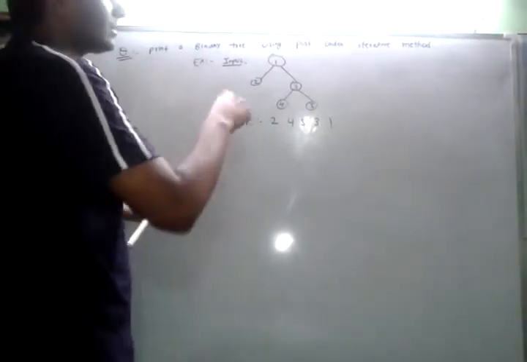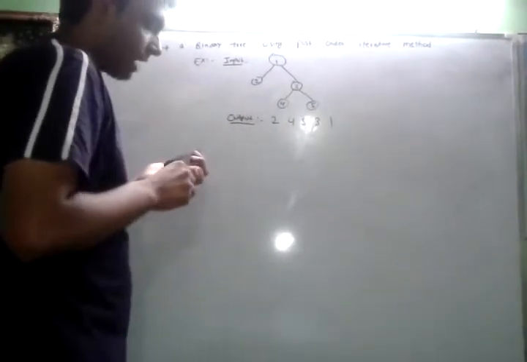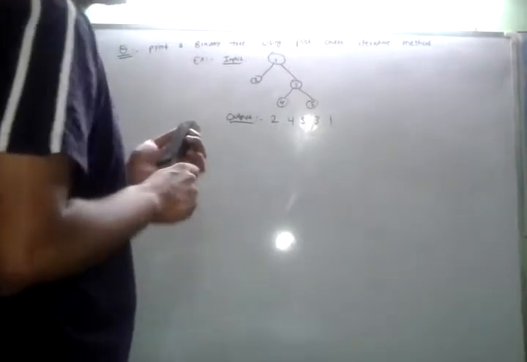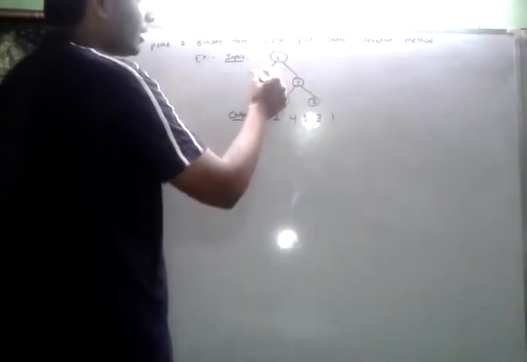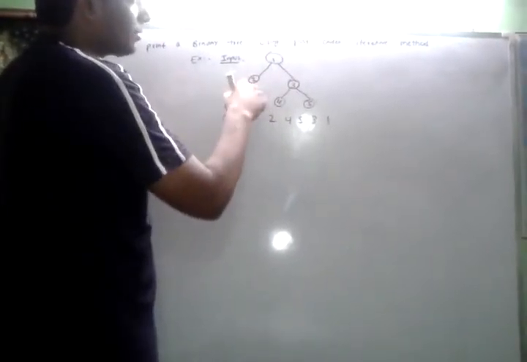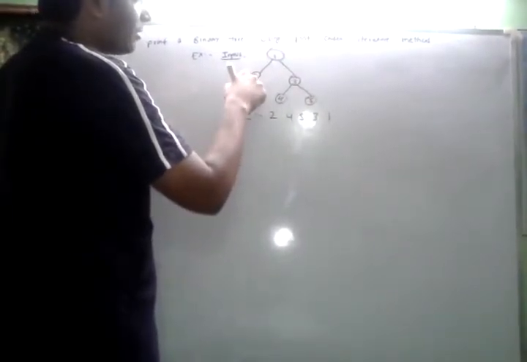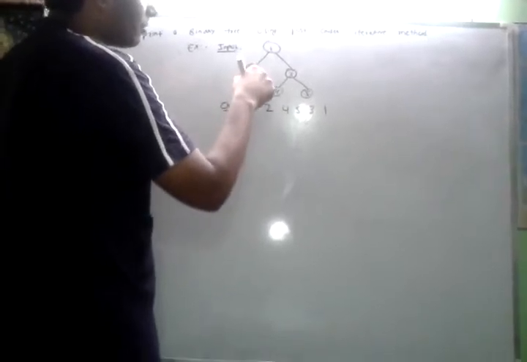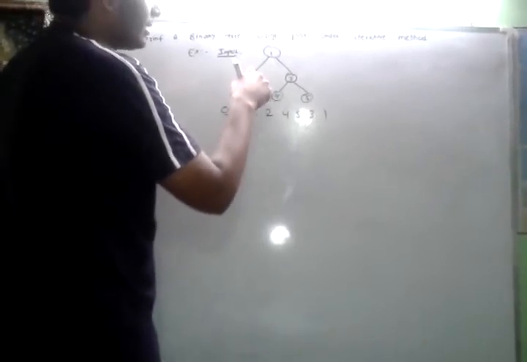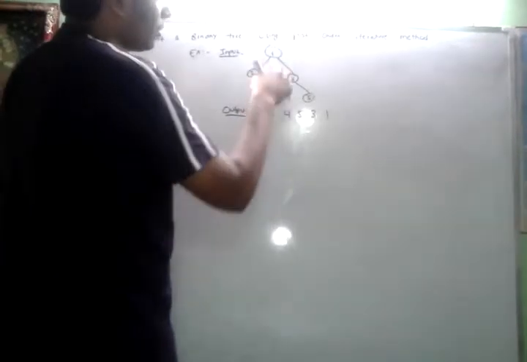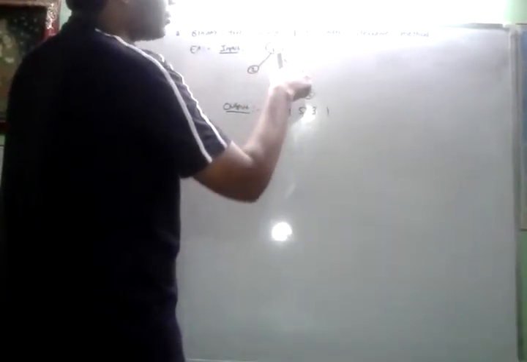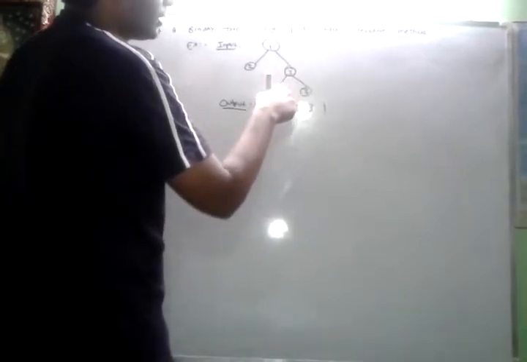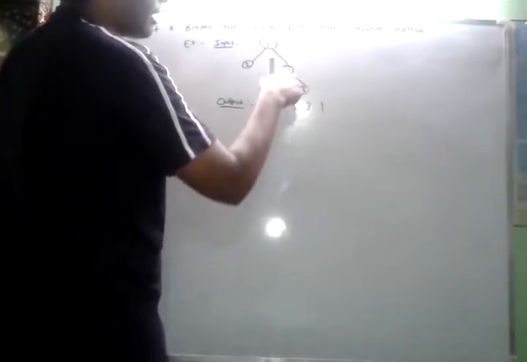The recursive method says go to left, after that go to right, and after that go to the root node. So we go to the left. Left is 2, and left of 2 is null, and right of 2 is null. So we print 2 and go to the right, which is 3, and after that go to the left of 3, which is 4.